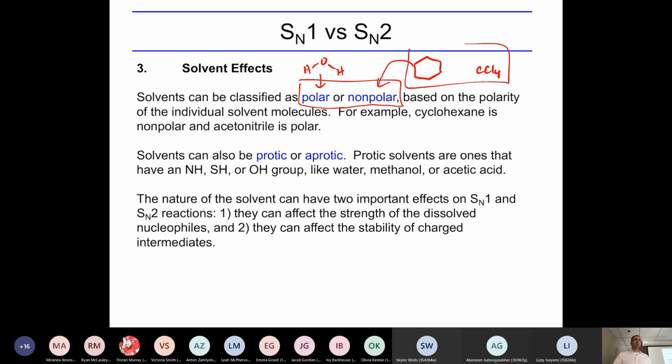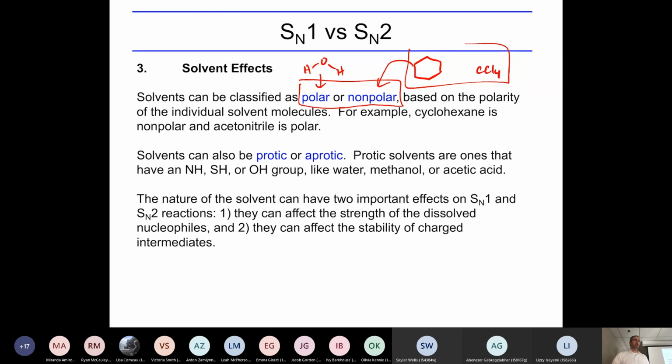We can further subdivide the polar ones as being either protic or aprotic. And this might be a new one for you today. A protic solvent is basically one that has a hydrogen or a proton that can be removed or exchanged. So typically they're things with OH and NH.